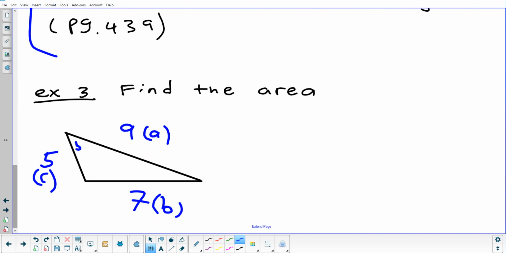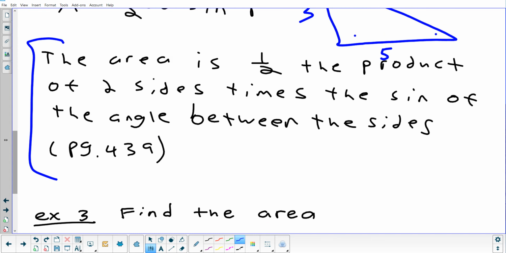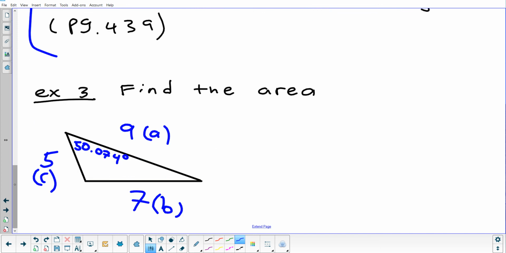Beta, 50.074. So let's find the area of that triangle using this idea. 1/2 the product of two sides times the sine of the angle between them. So anyone think they could set up my formula for the area?